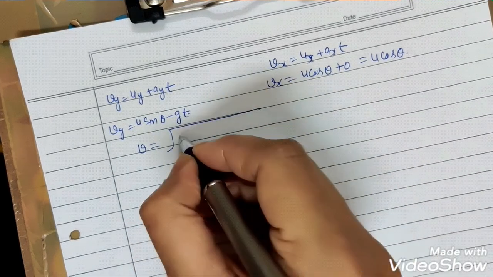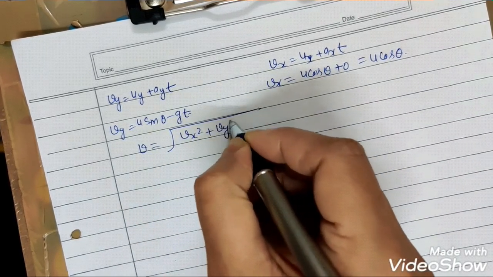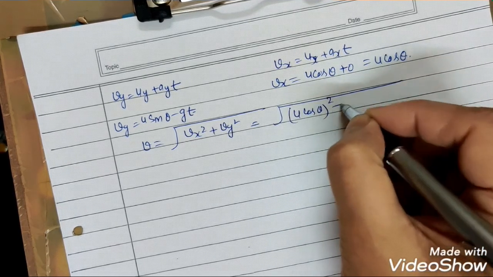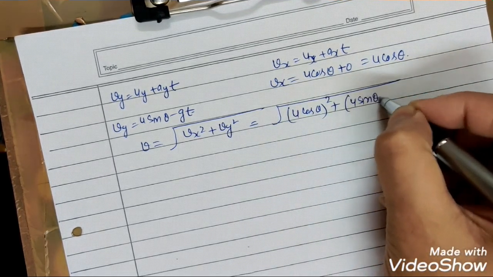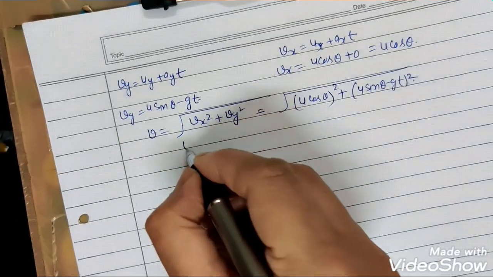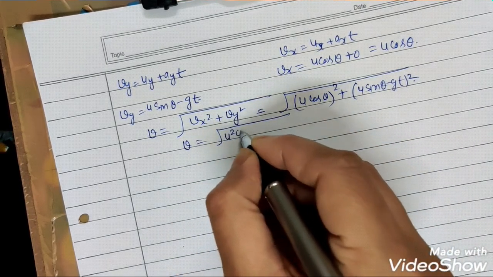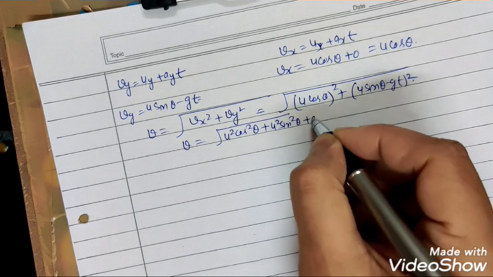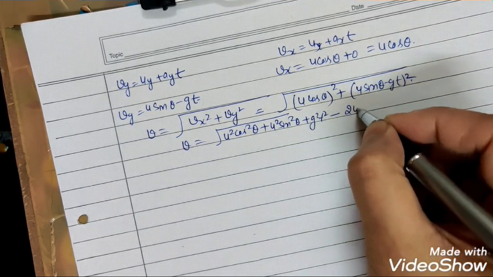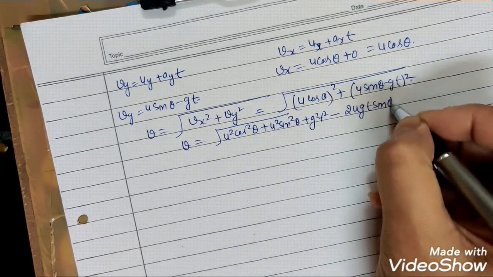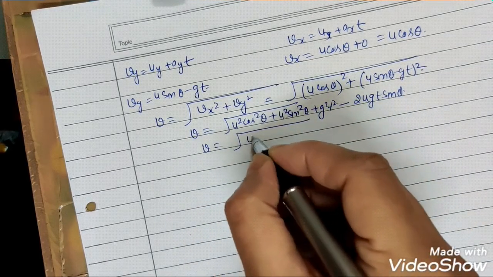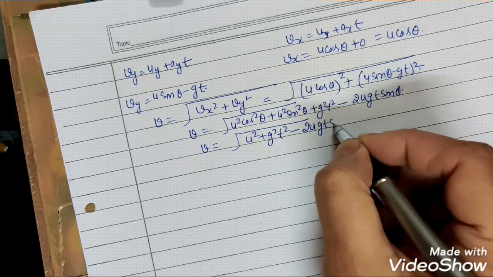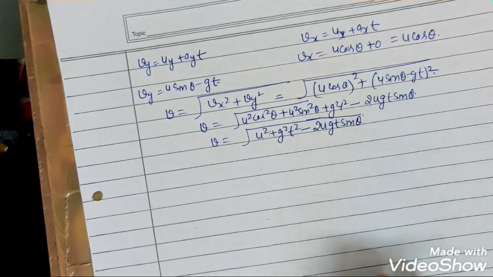And what about the total velocity? v square equals vx square plus vy square, that is equal to u cos theta whole square plus u sin theta minus gt whole square. Then the velocity becomes u square cos square theta plus u square sin square theta plus g square t square minus 2gt u sin theta, and the velocity becomes the square root of u square plus g square t square minus 2u g t sin theta. This is the velocity.